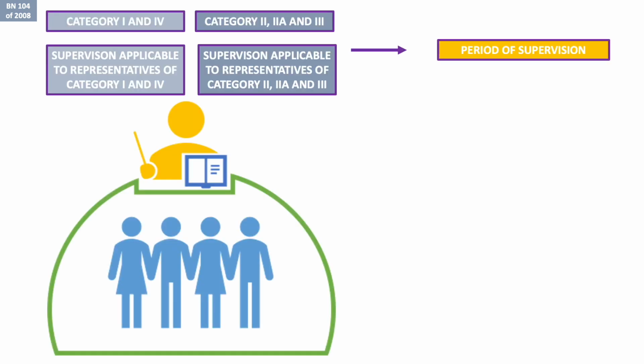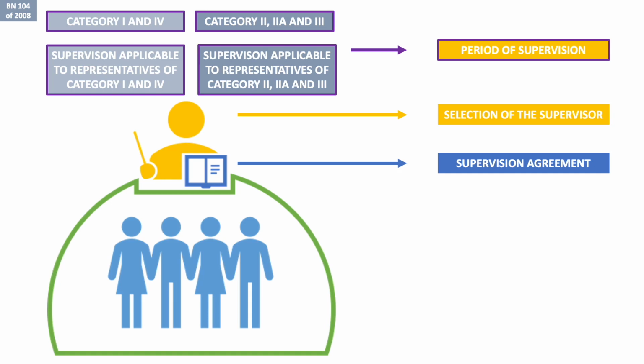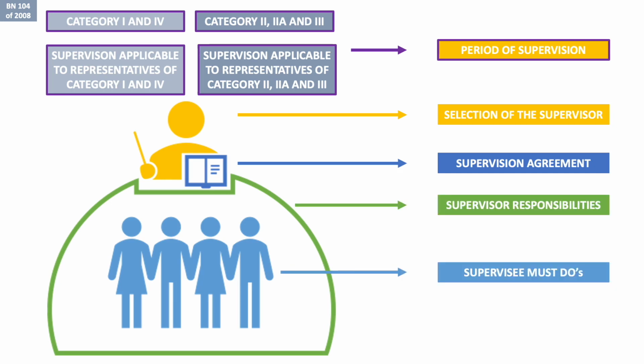In Qualifying Criteria 6, we explained and discussed when a representative should be under supervision, and we covered the period of supervision, selection of the supervisor, the supervision agreement, the supervisor's responsibilities, and the responsibilities of the representatives. Under Qualifying Criteria 7, we are going to have a quick recap on the representative responsibilities.